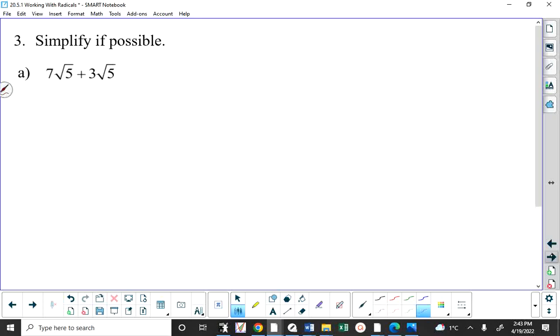It's like me having 7 quarters plus 3 quarters, you get 10 quarters. You're adding things that are the same. If I ask you to add 7 kittens plus 3 kittens, you get 10 kittens. If I ask you to add 7 quarters plus 3 quarters, you get 10 quarters.